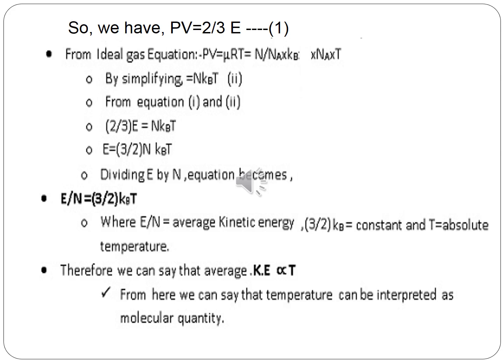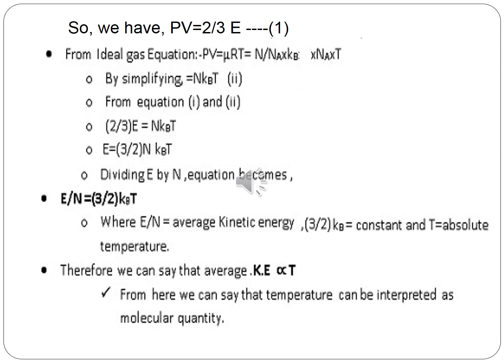Then it becomes PV is equal to N by Na into kB into Na into T. So, PV is equal to N kB T, which is expression 2.